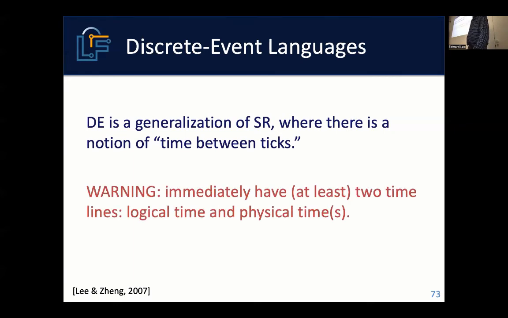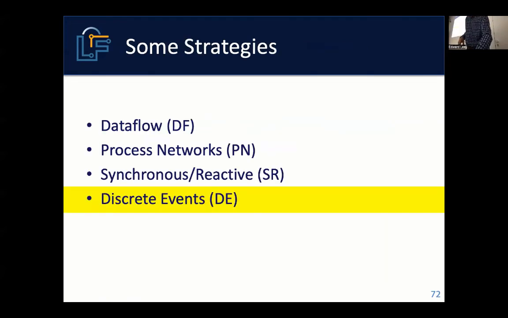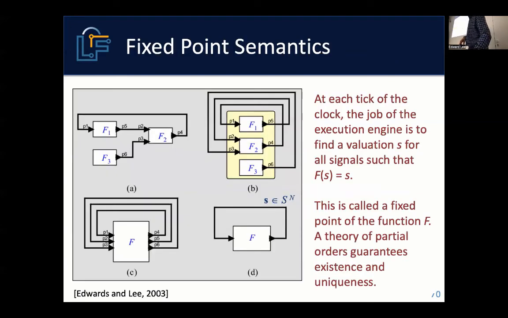One of the problems, of course, with imposing a model of time like this is that you inevitably have multiple timelines, and this inevitably leads to confusion. It does even already in the synchronous languages. So for example, often when people talk about synchronous languages, they say, well, conceptually, every computation is instantaneous.